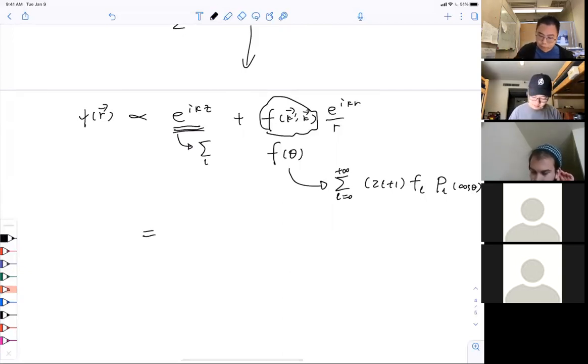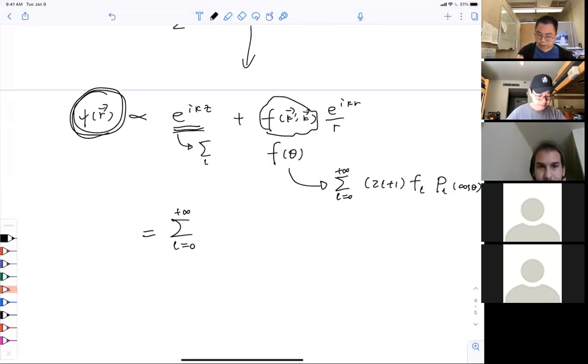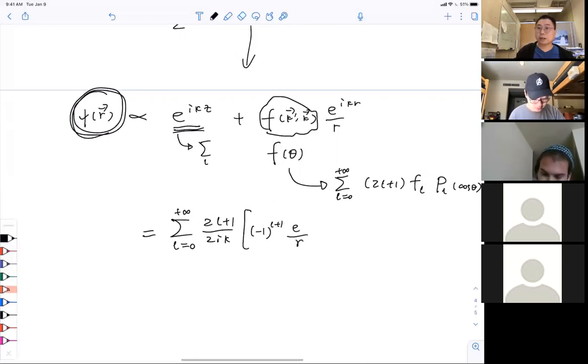Then we can write this wave function in terms of L, into different sectors, with 2L plus 1. Yeah, you can also find this expression in the Sakurai book.